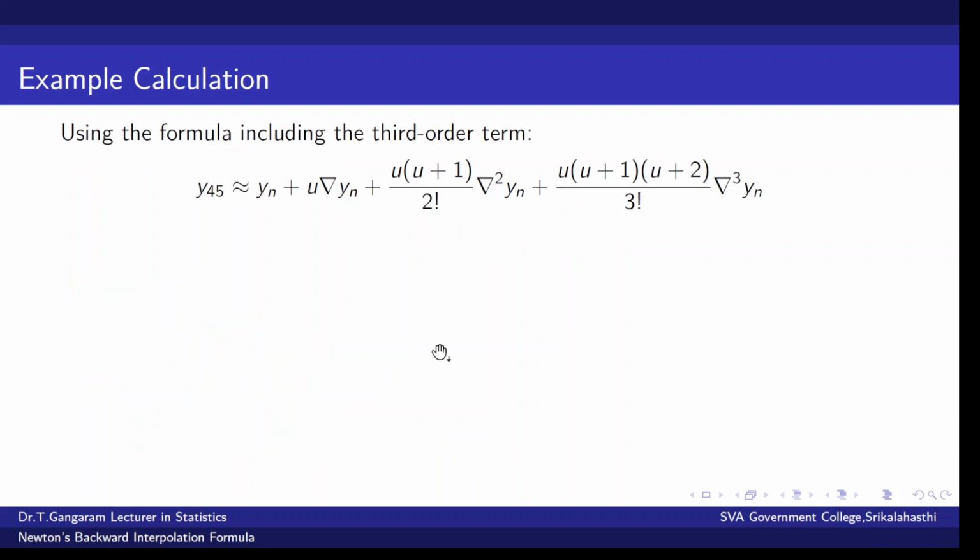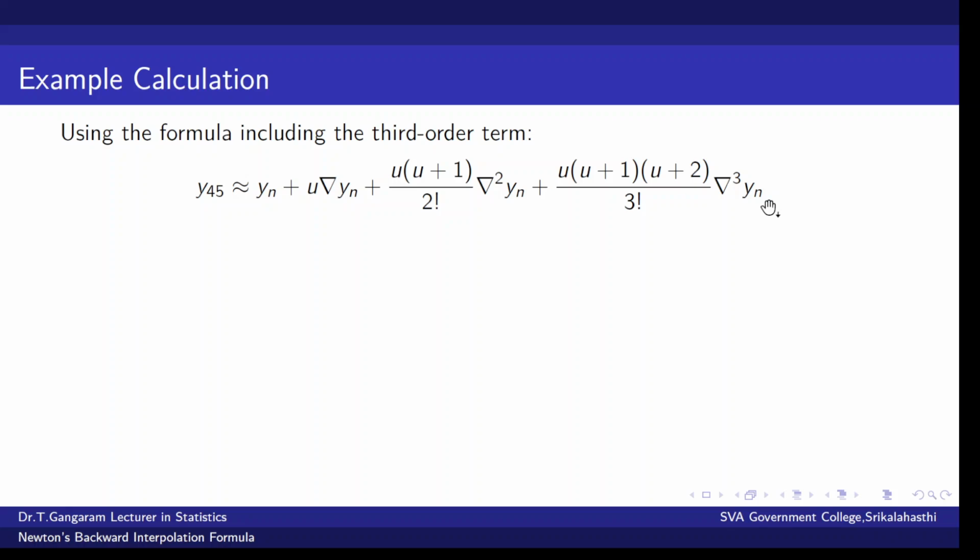Using the formula including the third order term, y45 is approximately equal to yn plus u into Δyn plus u into u plus 1 by 2 factorial into Δ²yn plus u into u plus 1 into u plus 2 by 3 factorial into Δ³yn.